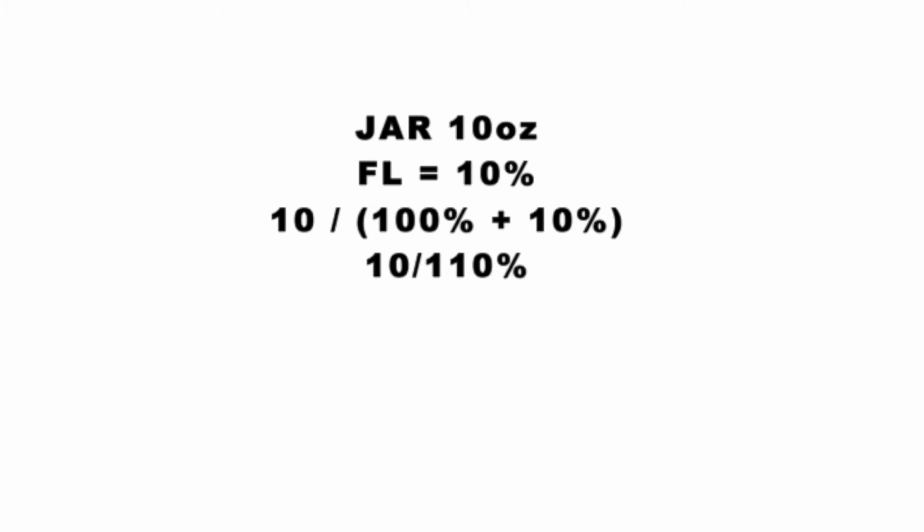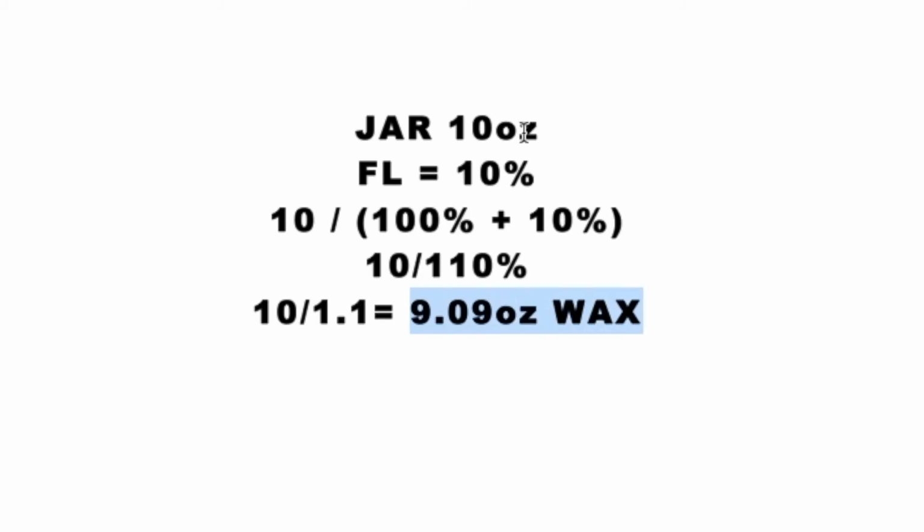Now we need to find what 110% is. 110% is simply 110 divided by 100, which is 1.1. So 10 divided by 1.1 will give us 9.09. This is how much wax we're going to be using for our 10-ounce candle.